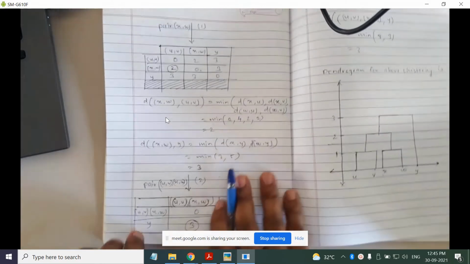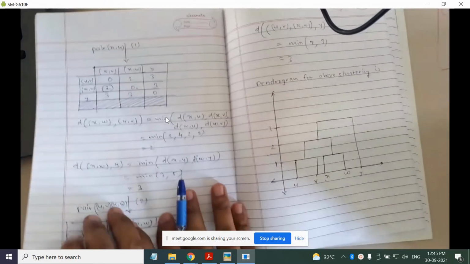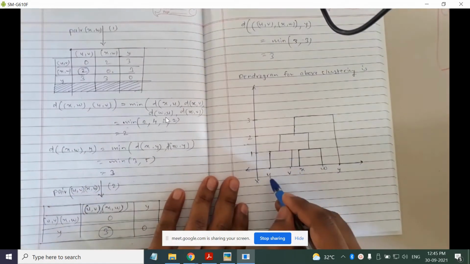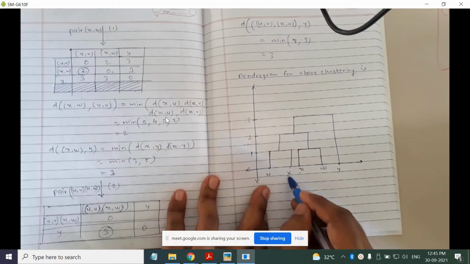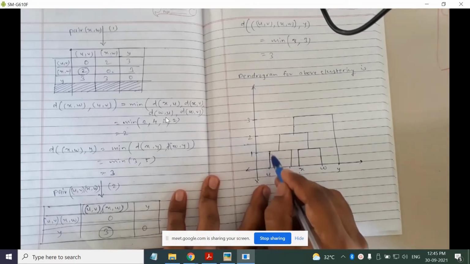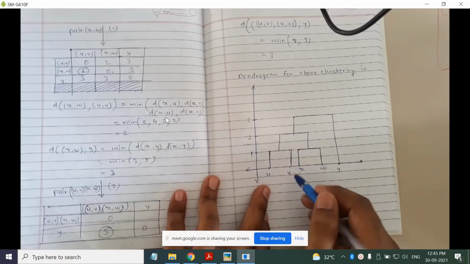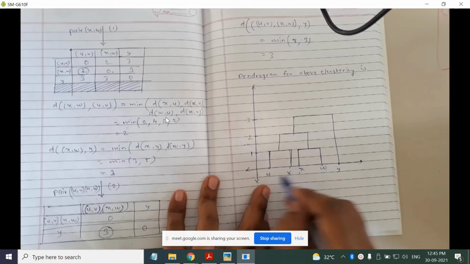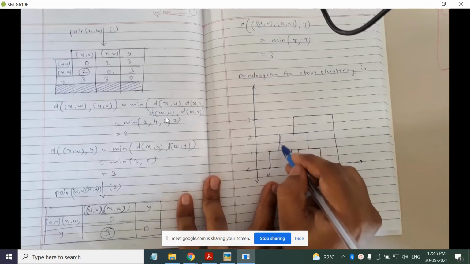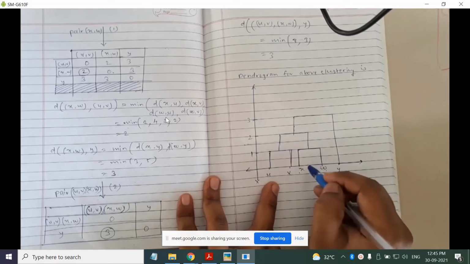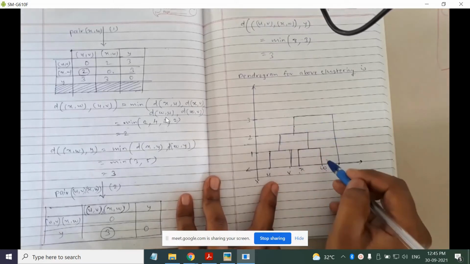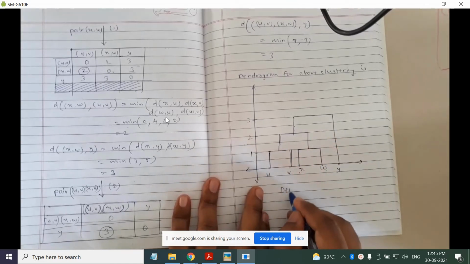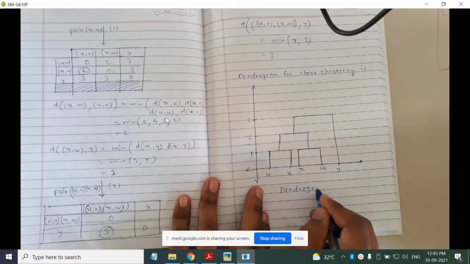If you plot that clustering, initially you clustered U and V at a distance of 1, then you merge X and W at a distance of 1, then both these 2 clusters are merged at a distance of 2, then Y is merged at a distance of 3. This tree-like structure is known as a dendrogram.